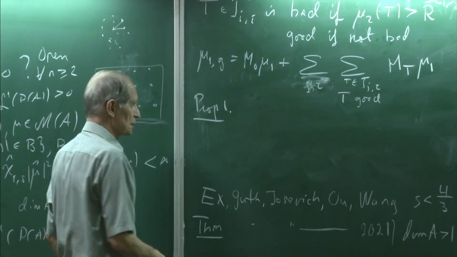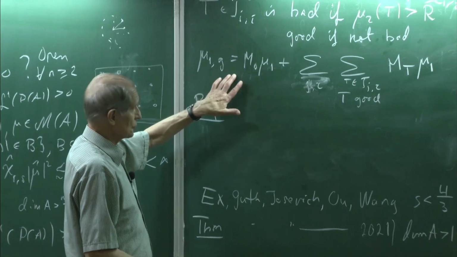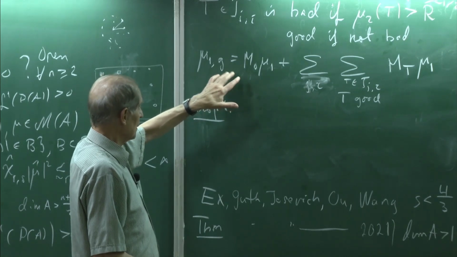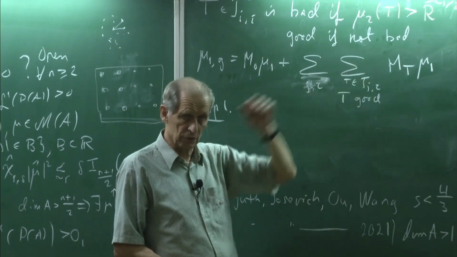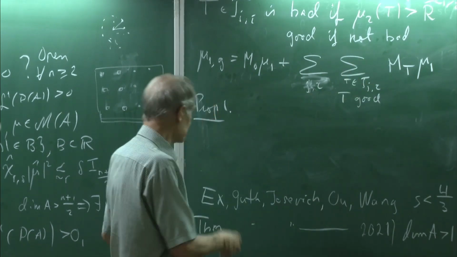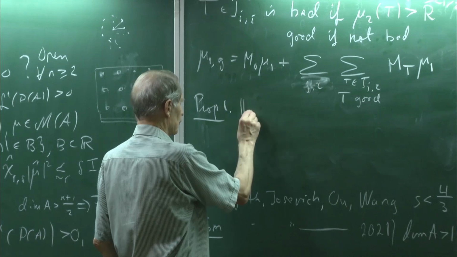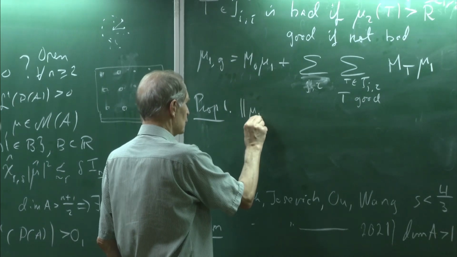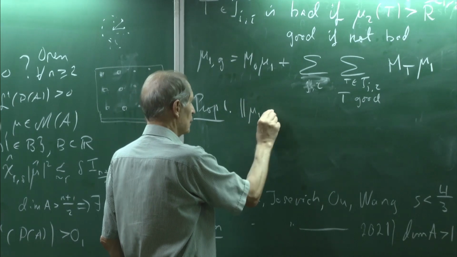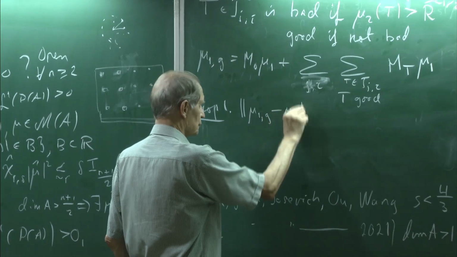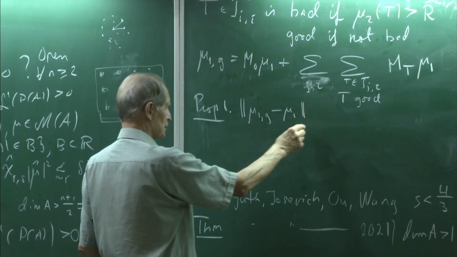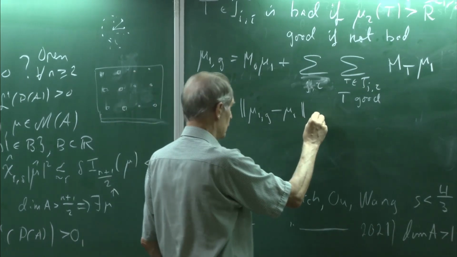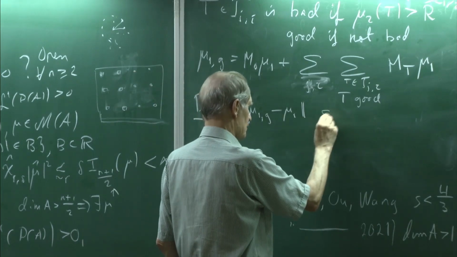The first proposition is that when I do this operation, mu1 good still preserves quite a lot of mu1 in some sense, so that the norm of mu1 good minus mu1, which you can take to be the variation norm, or if these were functions, the L1 norm, is small.